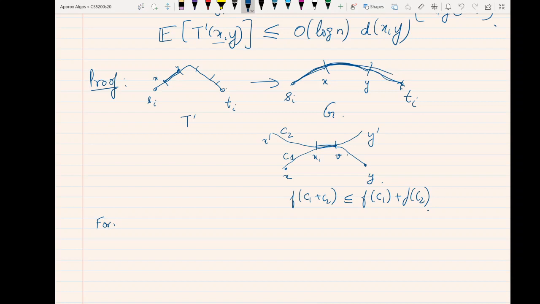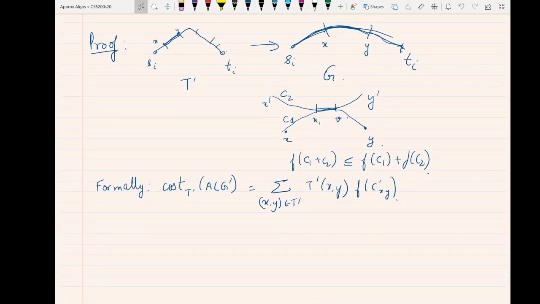So formally, this is what's happening. You start with the right hand side, which is the cost in T prime, and this is equal to the summation over edges xy in T prime of f of C prime xy. This is by definition how much you purchased on the tree.